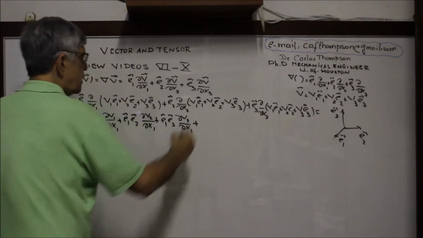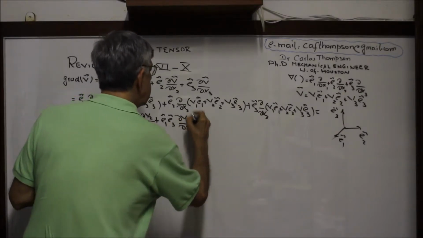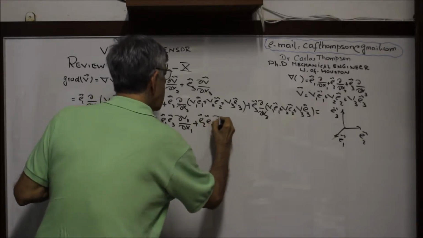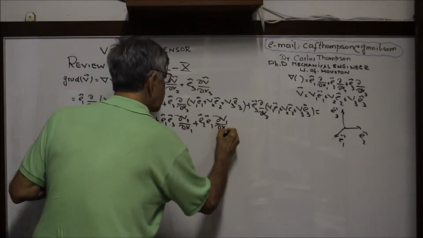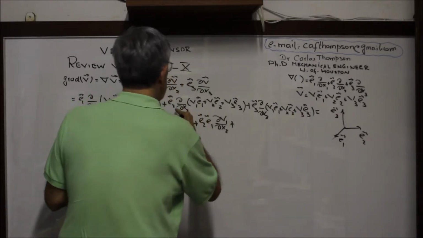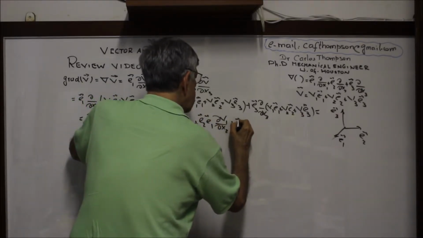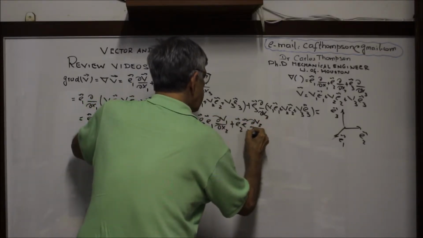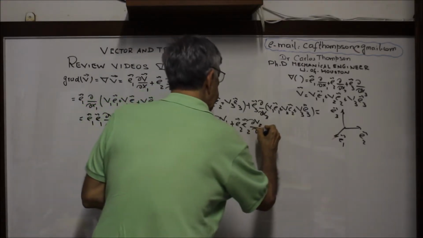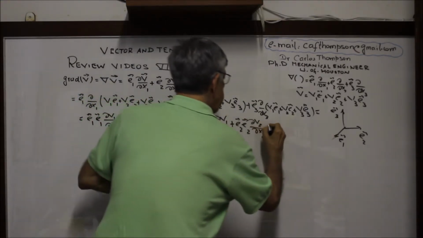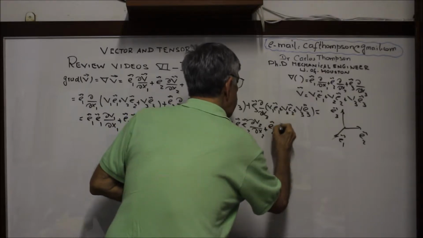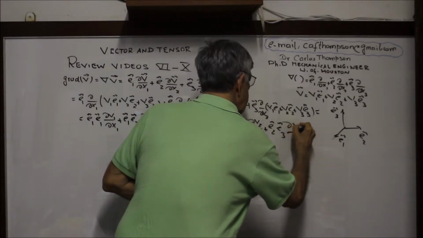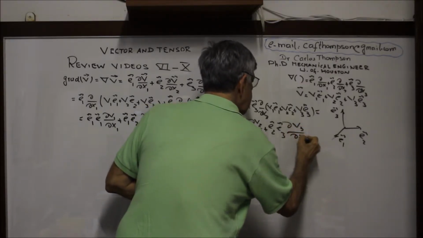Now, this term over here will be e2 e1 partial of v1 with respect to x2 plus e2 e2 partial of v2 with respect to x2 plus e2 e3 partial of v3 with respect to x2.